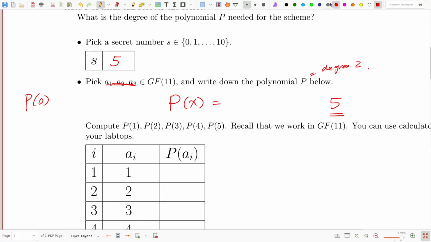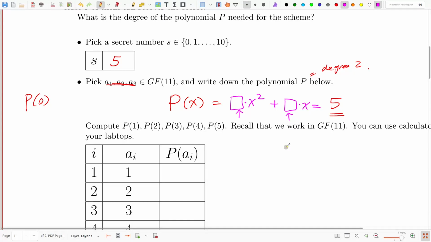Now, you should pick 2 random numbers: some random number times x squared plus some other random number times x. The first one should not be 0, because if it is 0, the function will be of degree 1, which is too small.